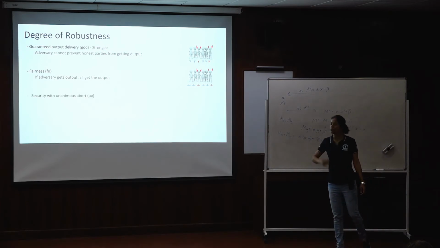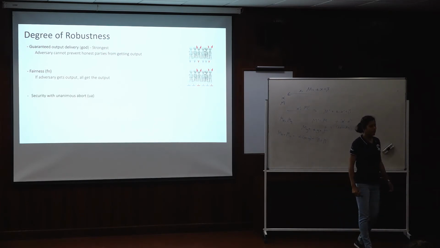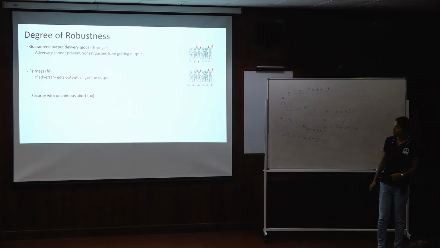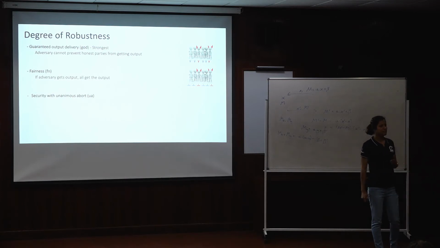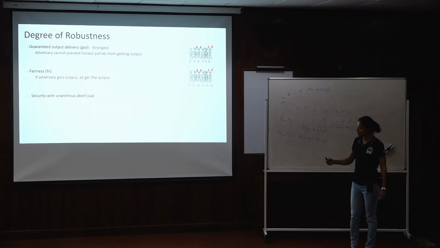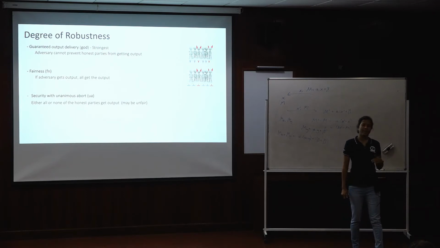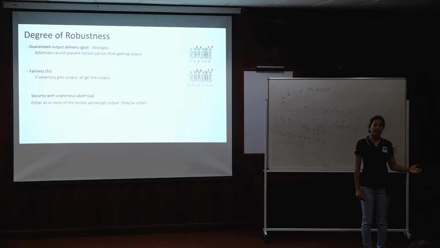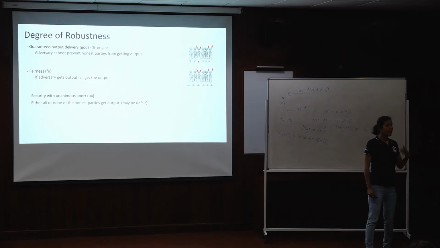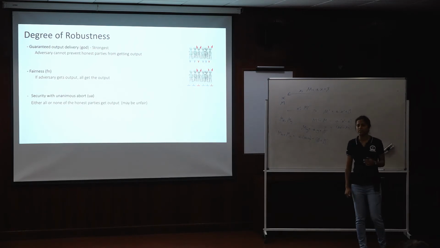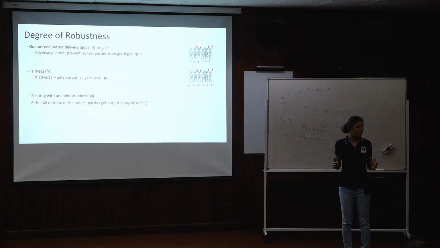In a further weaker notion of security with abort, security with unanimous abort, we call it UA, here this is already unfair, meaning that the adversary can always learn the output first and then decide whether to allow the honest parties to get the output. But we will have unanimity in the sense that the honest parties will always be on the same page.